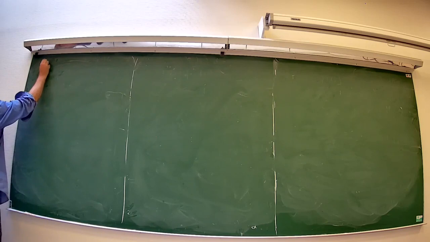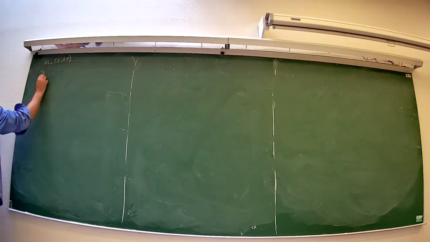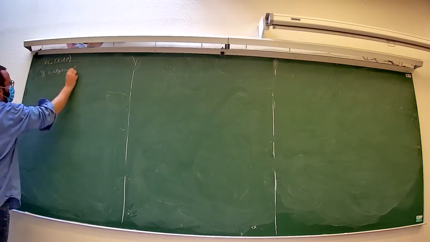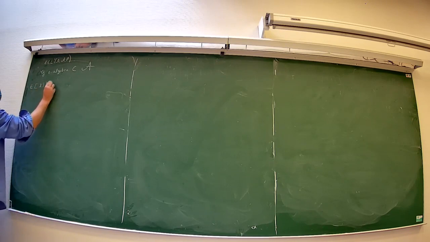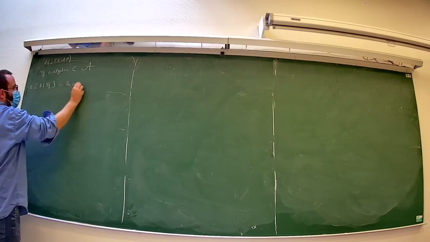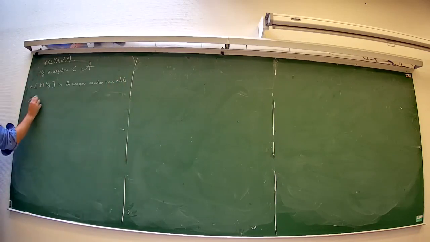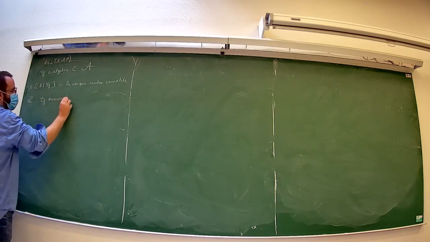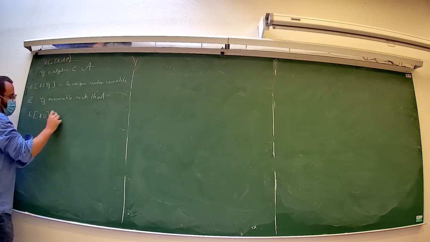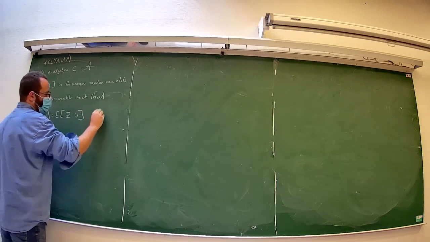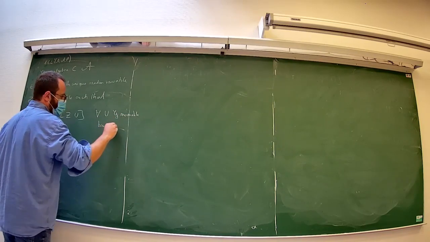So, x in L1 of (Omega, A, P), J a sigma algebra included in A, and we say that the conditional expectation of x given J is the unique random variable Z, J-measurable, such that the expectation of xU is equal to the expectation of ZU for all U J-measurable and bounded.